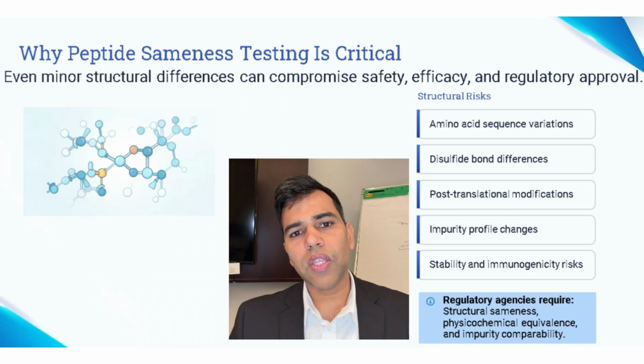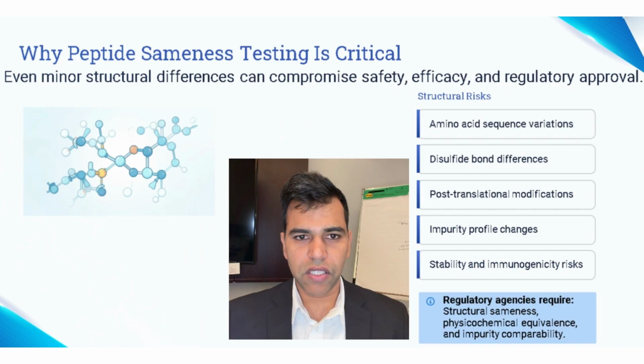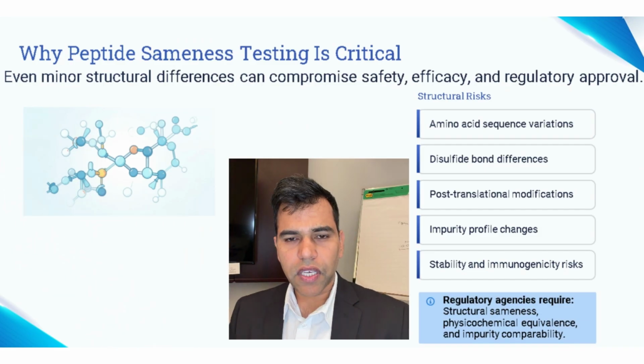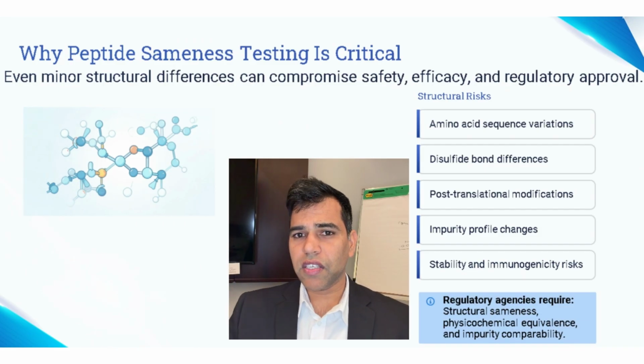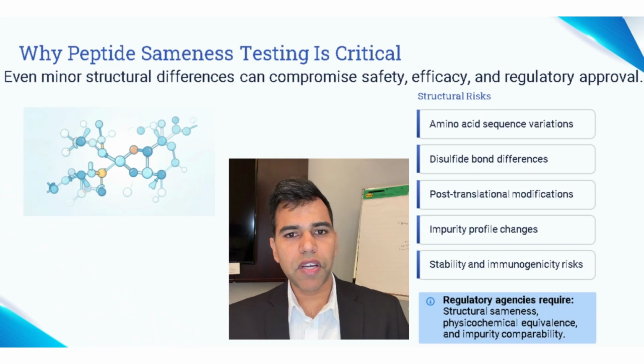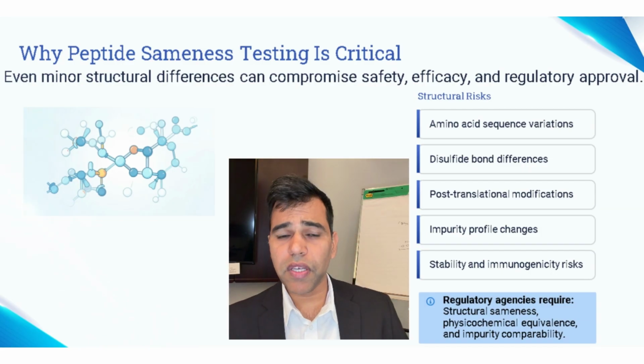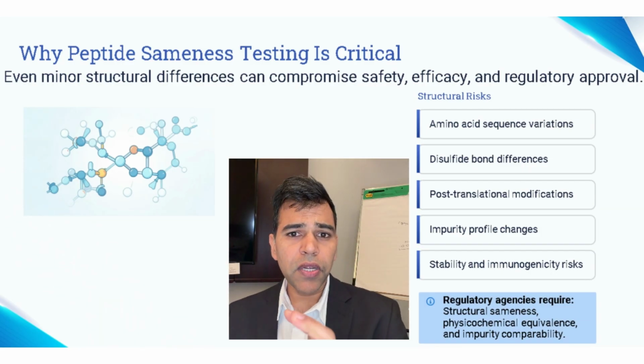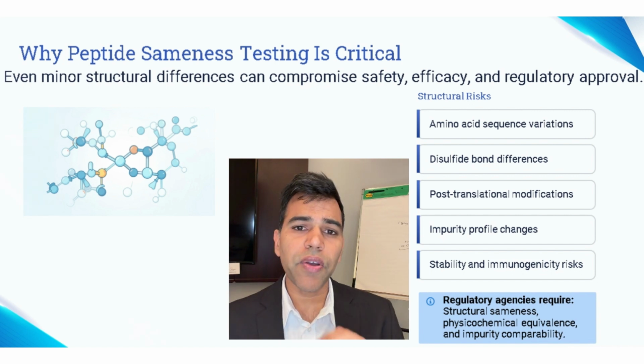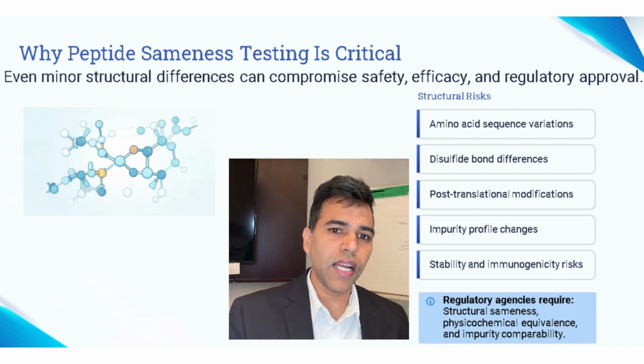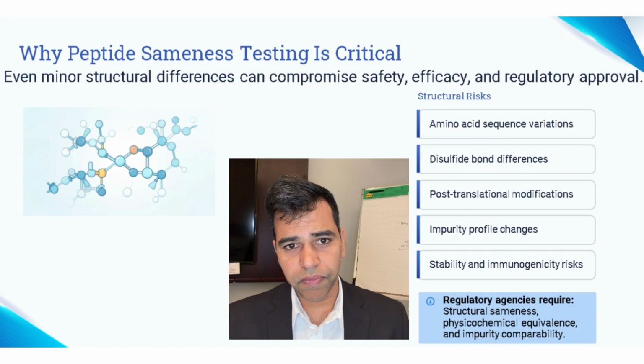Let's start with why this even matters. Because if you're working on a generic peptide, whether it's a cyclic peptide, a disulfide bridge molecule, or something more complex, you probably already realize that bioequivalence studies alone won't get you across the finish line.